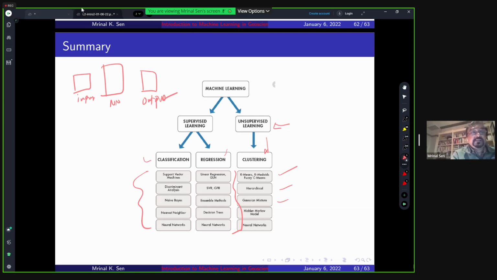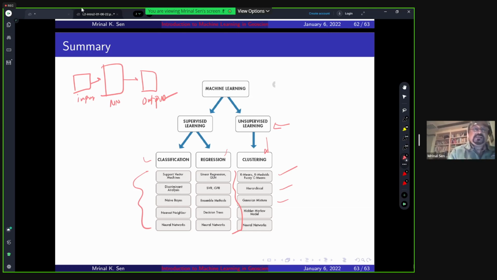Given an input, the neural network gives you an output. Now in the supervised case, you have the known answer. In the unsupervised case, you don't have the known answer. In the semi-supervised case, you say that you know part of the answer.